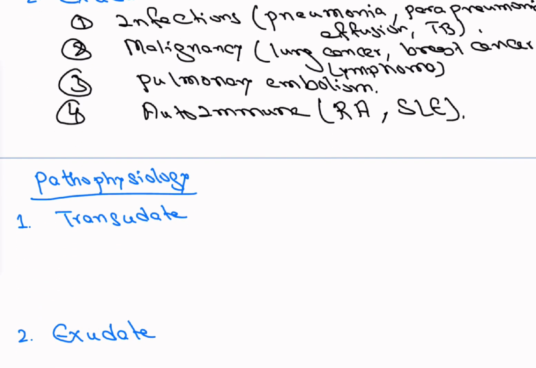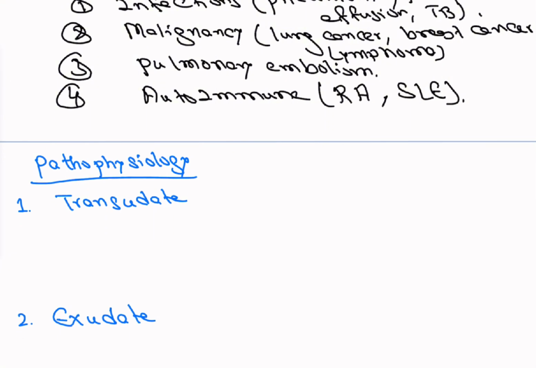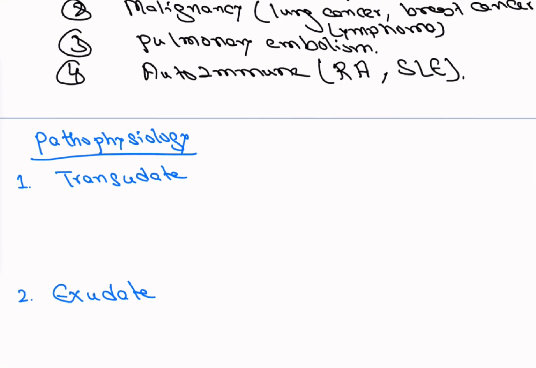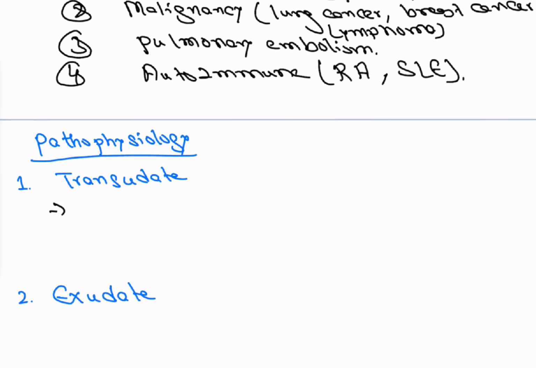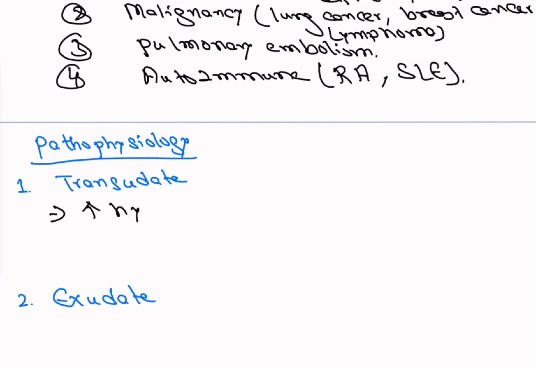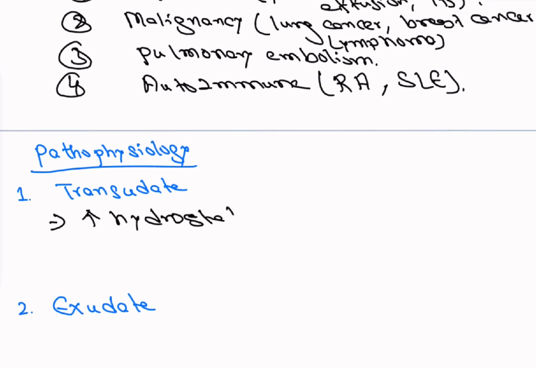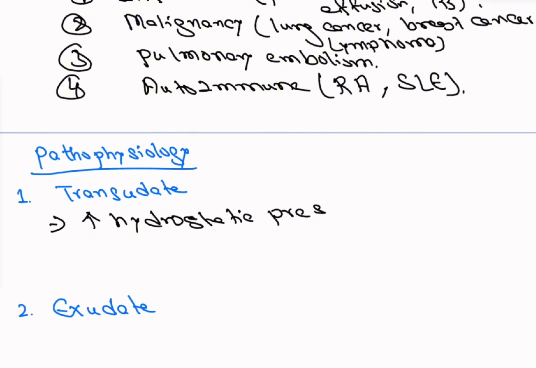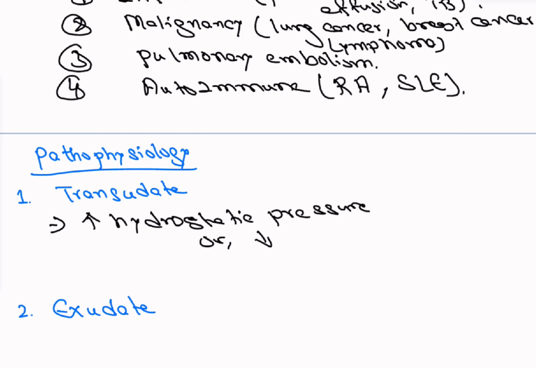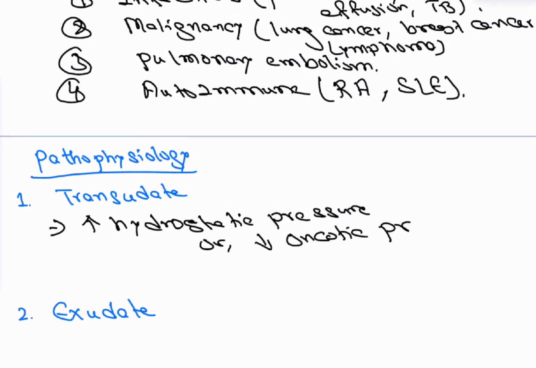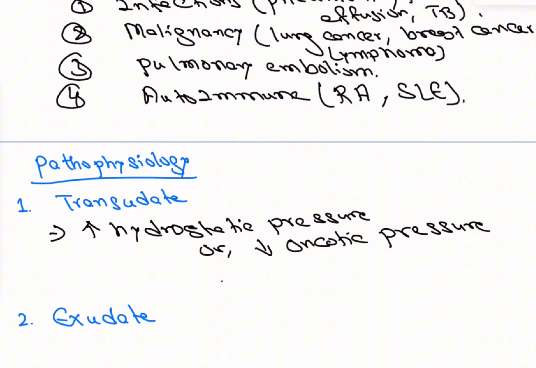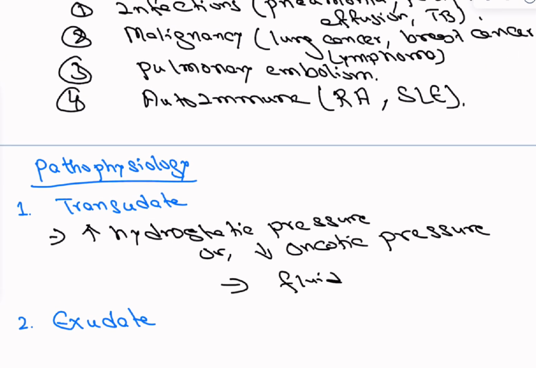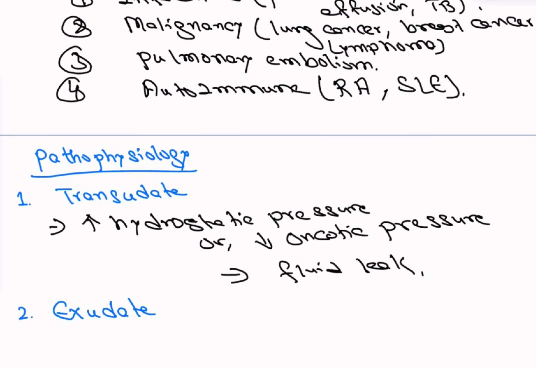So, what is the pathophysiology of pleural effusion? Let's go for the transudative. In transudative, it causes an increase in hydrostatic pressure or a decrease in oncotic pressure. Ultimately, it causes fluid leak. What about exudative?